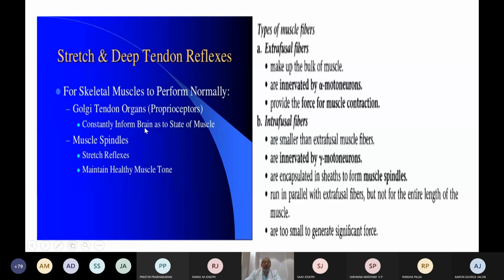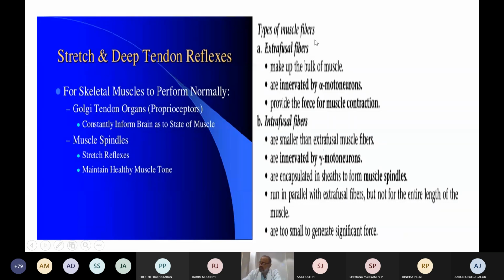They are constantly providing information to the brain: what is the state of the muscle? Then muscle spindles, stretch reflexes. They help in the maintenance of healthy muscle tone.